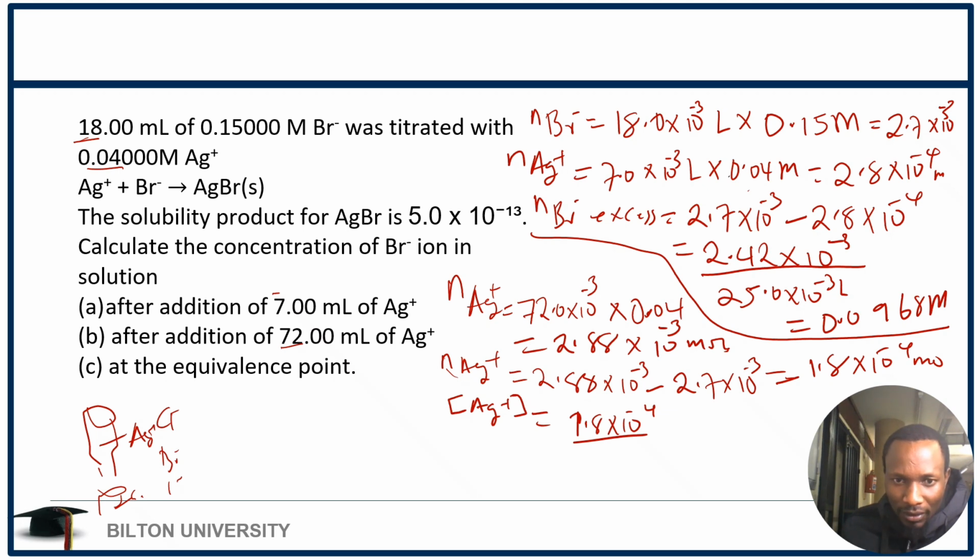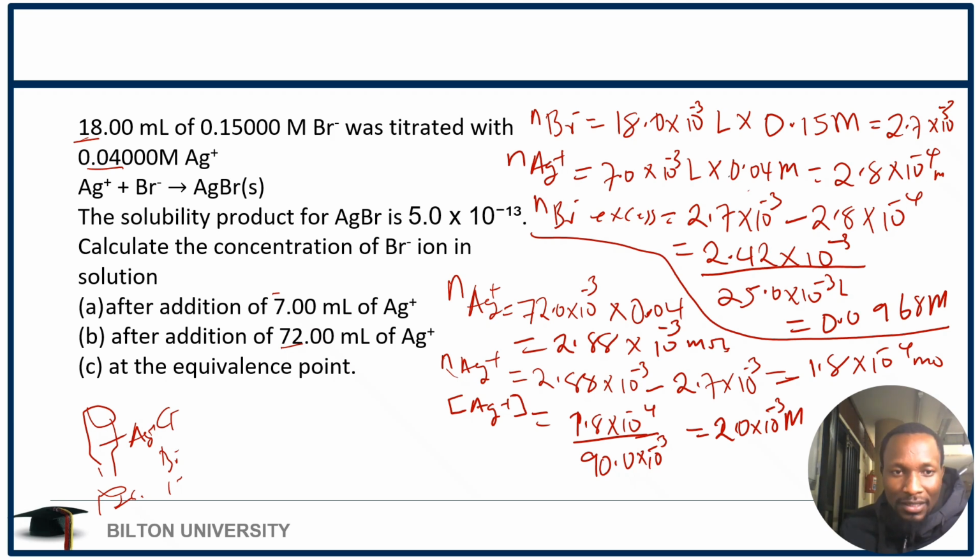We divide by 90, changing it into liters because concentration is moles per liter, and this is going to give us 2.0 times 10 to the power minus 3 molar. So this is the concentration of the silver ions after we have added 72 mL.